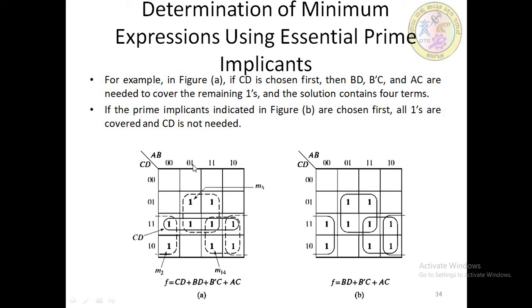If CD is chosen first, then BD, B bar C, and AC are needed for covering the remaining ones.